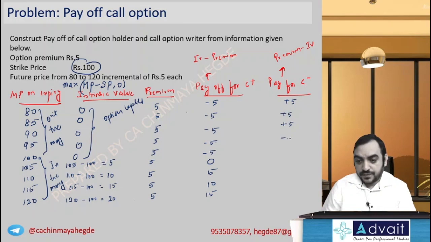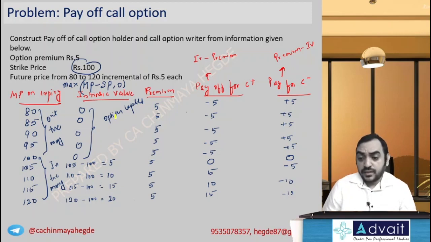Again plus 5, again plus 5. And here 5 minus 5, 0. And here intrinsic value 10, so 5 minus 10, minus 5. Then minus 10, then 5 minus 20, minus 15.